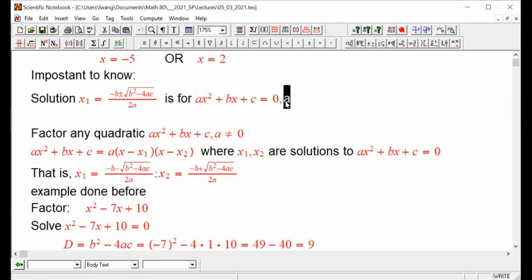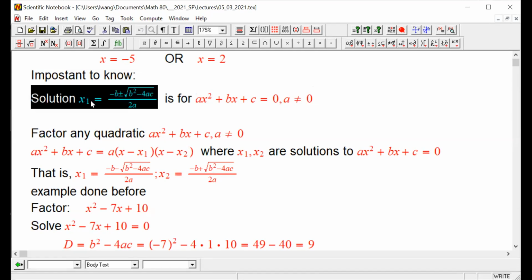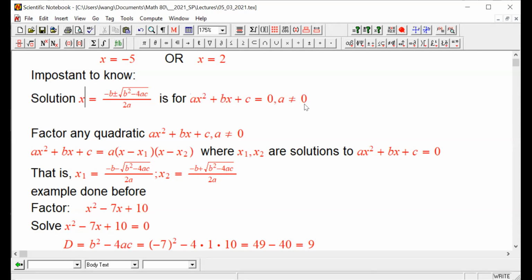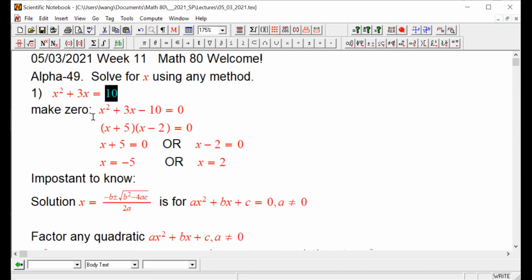This is very important to understand. So a is not 0. The quadratic formula is for that quadratic equation, and that equation must have a 0 on one side. It could be on the left side, it could be on the right side, but it must be that way. So when you have equals 10, you have to make that 0. That's all.